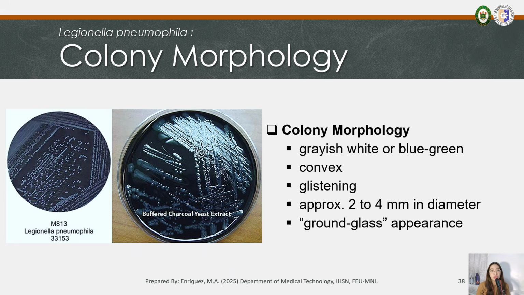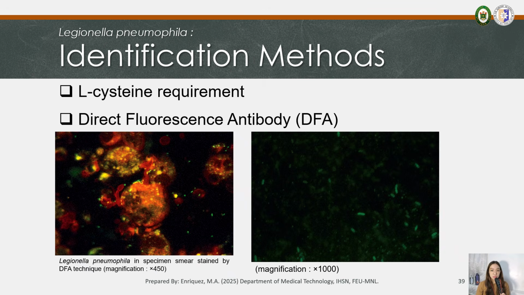Okay, so ganun daw po yung itsura ng colonies ng Legionella pneumophila. Other identification methods include checking if the organism requires L-cysteine for growth and the use of direct fluorescence antibody, or DFA. If we choose to do DFA, bacterial cells will appear as fluorescent green specks under the microscope. So here they are at 450 times magnification, and here they are at 1000 times magnification.